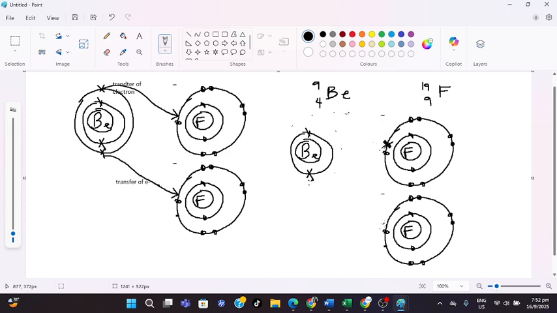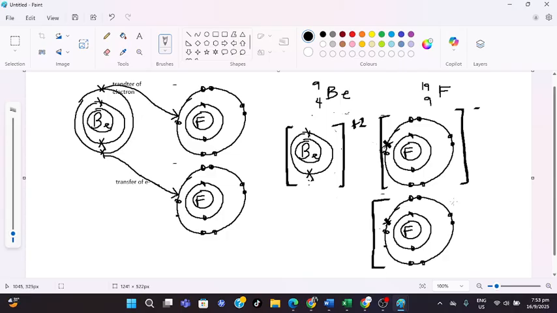And what's gonna happen is that this would have gotten an electron. This would have gotten an electron. And this would have lost 2 electrons. So it's gonna be plus 2, and this is gonna be minus. And these are gonna be attracted to each other because plus and minus opposites attract.